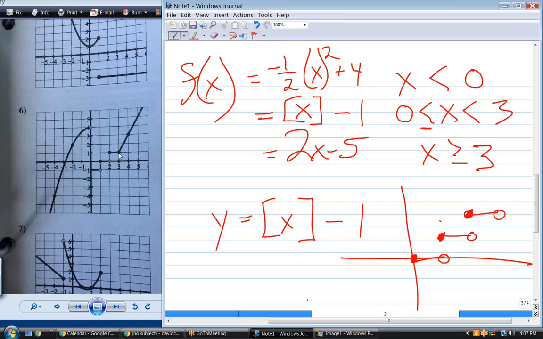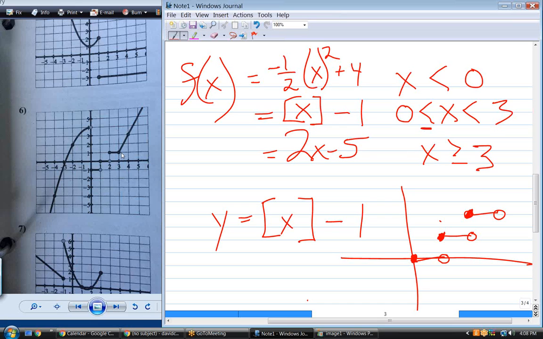There's a closed dot there, but that closed dot is because of this part of the function. In other words, if I've got the greatest integer function from 0 to 3, that's an open dot.